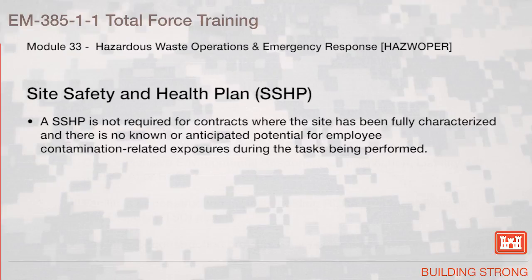An SSHP is not required for contracts where the site has been fully characterized and there is no known or anticipated potential for employee contamination-related exposures during the tasks being performed.